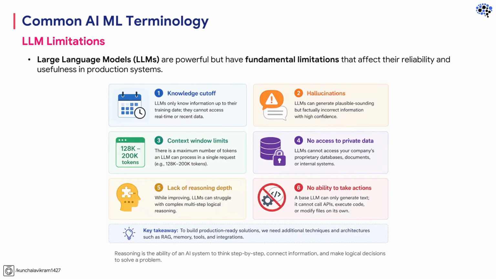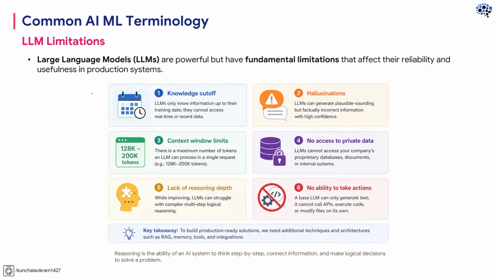Okay, but there are certain limitations for these LLMs. Even though large language models are very powerful, there are certain limitations that affect their reliability and usefulness in production systems. First one is knowledge cutoff. We all know that LLMs are trained on huge data, but they cannot access the real-time data or the recent data, because during the process of the training we only take the data probably till a particular year.